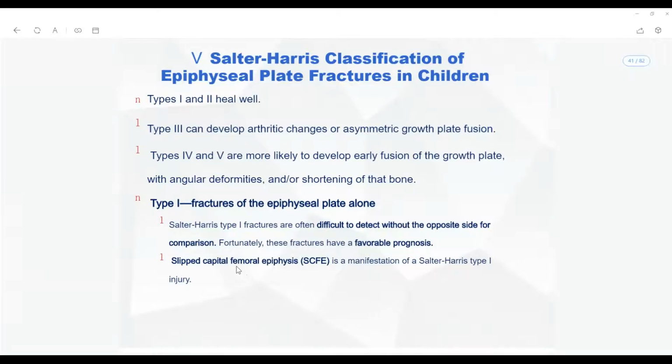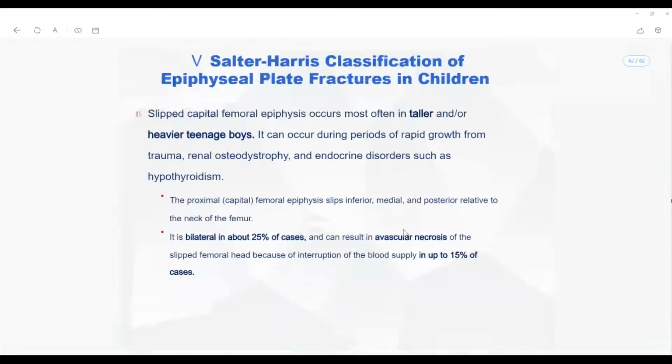Femoral head epiphyseal fractures are most commonly seen with the Salter-Harris type 1. Slipped capital femoral epiphysis fractures often occur in taller and heavier teenage boys.